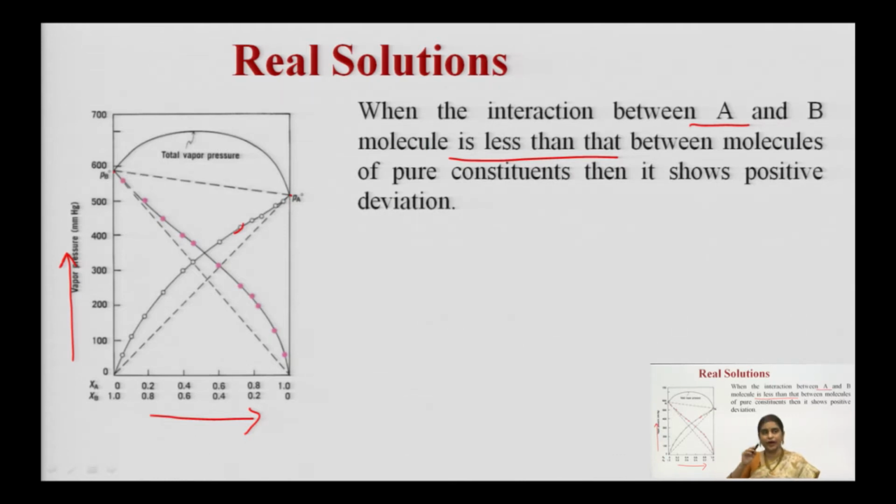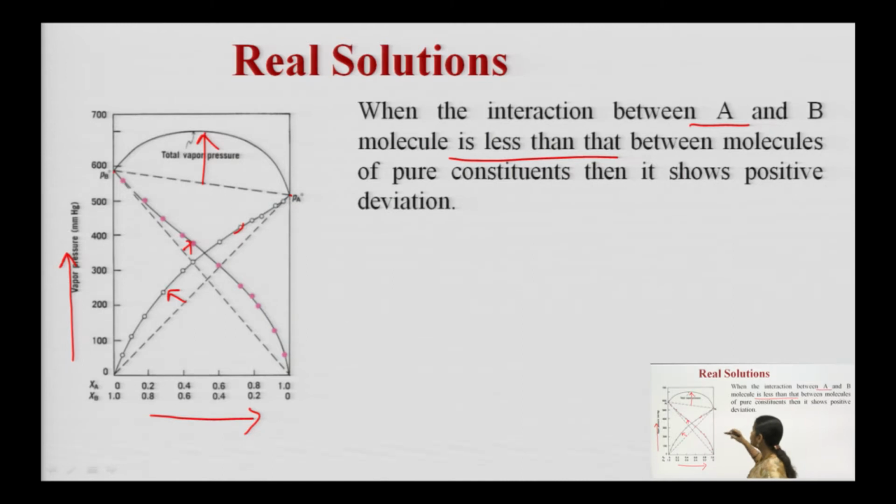In the negative case, we saw that the vapor pressure was decreasing, which means the escaping tendency decreased. But here the vapor pressure is increasing, that means the escaping tendency increases, and similarly here also the vapor pressure increases, and the total vapor pressure has increased.